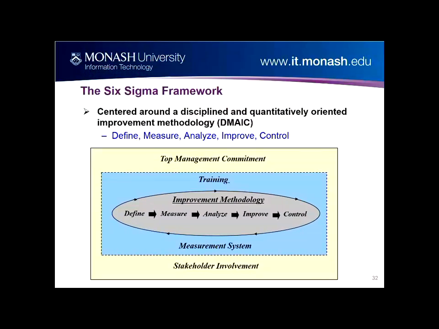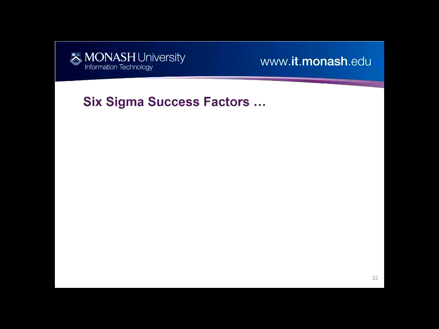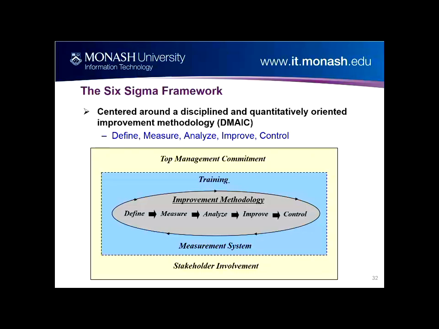So essentially, you come up with this Six Sigma framework centered around this concept. You define, you measure, you analyze, you improve, you control, and that is what you call DMAIC, centered around a disciplined and quantitative-oriented improvement methodology. Then you have top management commitment.